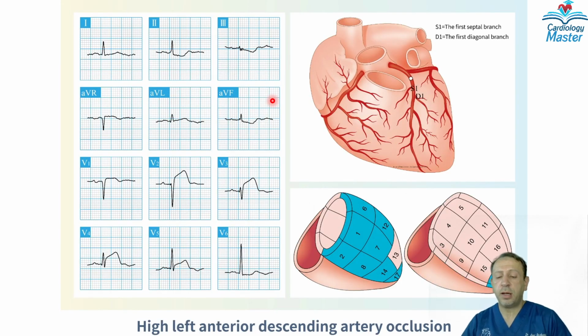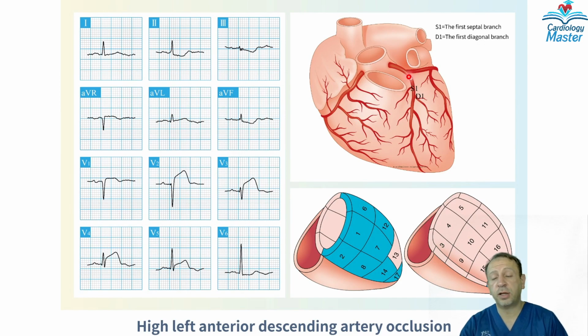So let's talk about what happens in anterior myocardial infarction when the left anterior descending artery has been occluded. How does it manifest? With anterior ST elevation MI. How should we recognize this on the ECG?